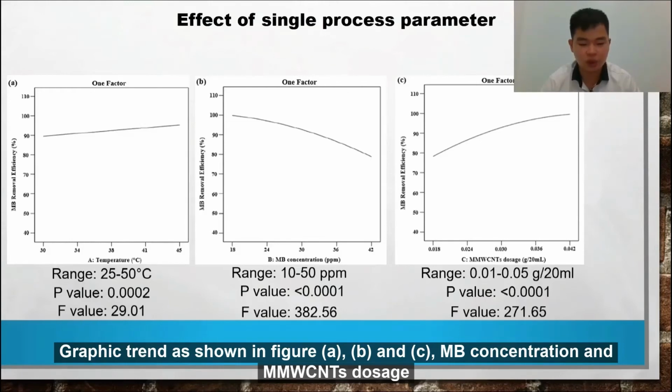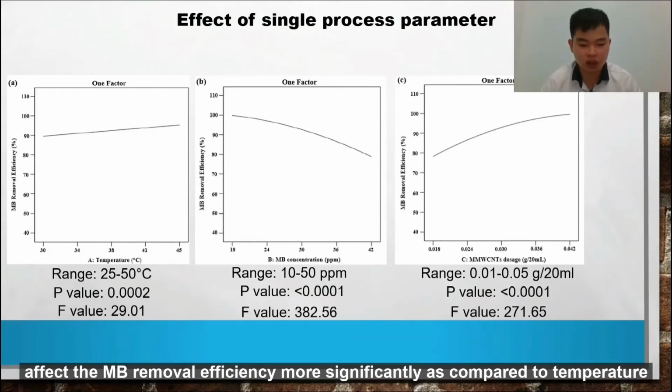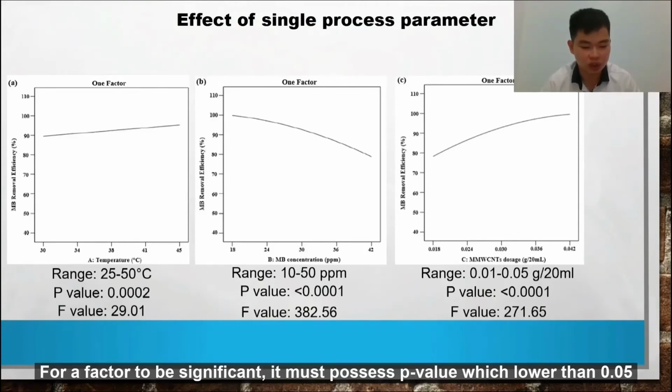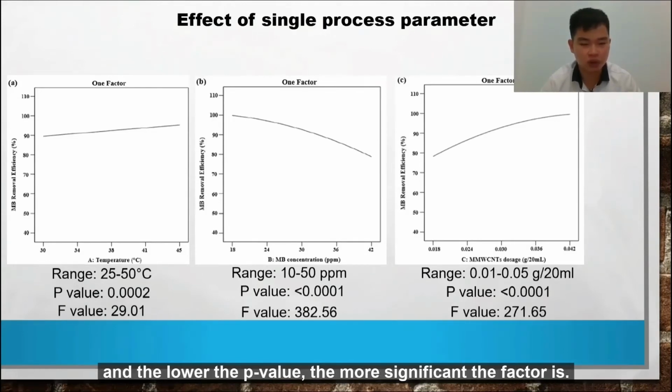Methylene blue concentration and magnetic multi-wall carbon nanotube dosage affect the methylene blue removal efficiency more significantly as compared to temperature, which only slightly affects the removal efficiency. Then the second way is by referring to the p-value. For a factor to be significant, it must possess a p-value lower than 0.05, and the lower the p-value, the more significant the factor is.